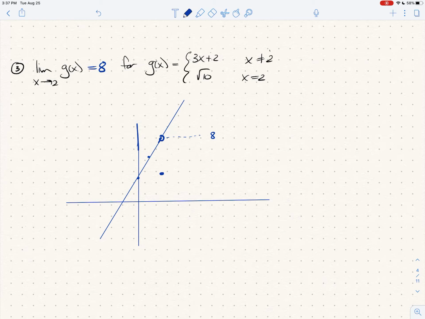You can look at the picture and see it, or you can recognize that this function g of x is actually just equal to the function f of x equals 3x plus 2, except at this point. And so you know that the limit at that point is going to be the same. So any way you think about it, the limit is just 8. You get 8 because that's what the function g is getting closer and closer to. You can just ignore this line using the property that we talked about above.